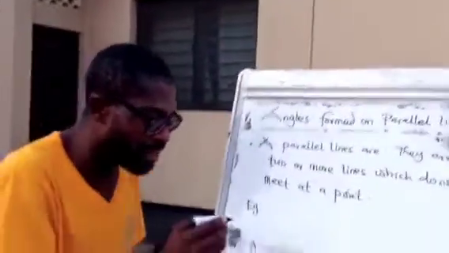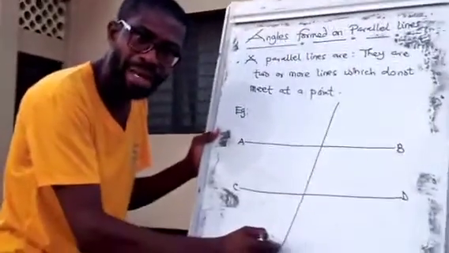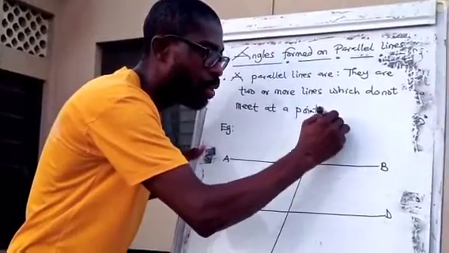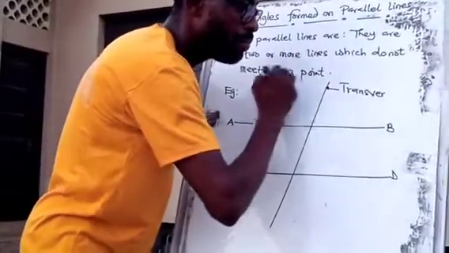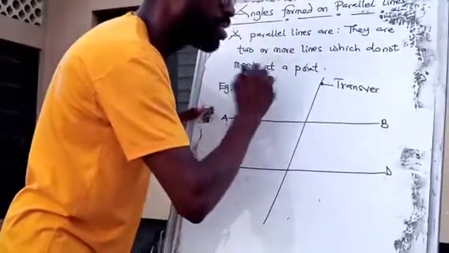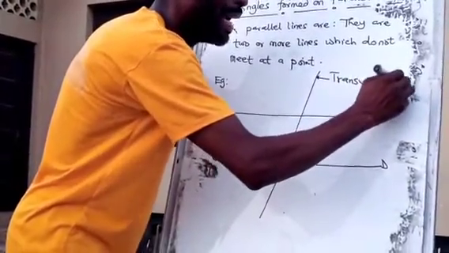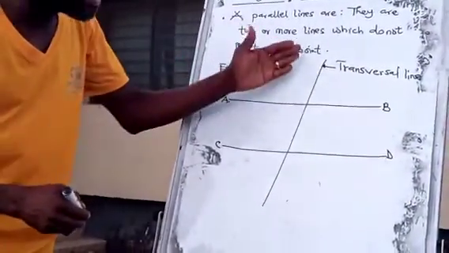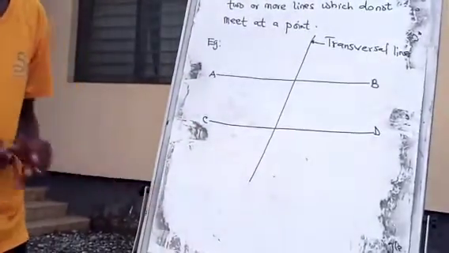So we can have a transversal line moving from this direction, cutting across these parallel lines. We term this line the transversal line. Transversal lines are lines that cut across two or more parallel lines.